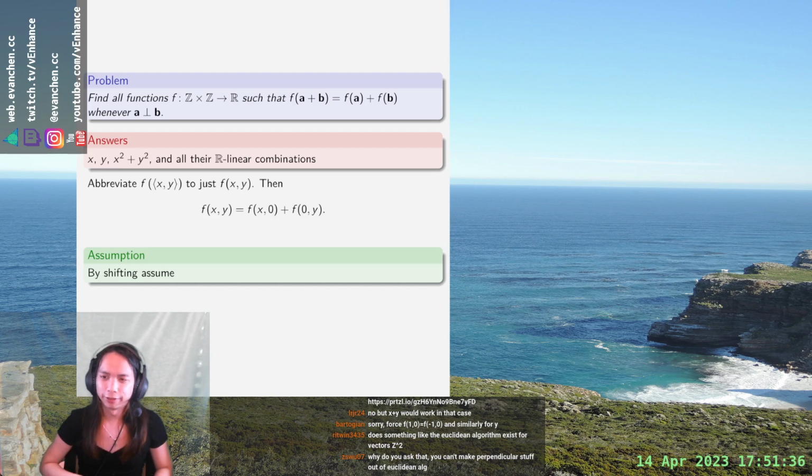There's something like the Euclidean algorithm. Yes, very much so. The keywords you're looking for are GL2Z. But how do I get more vectors in terms of other ones?